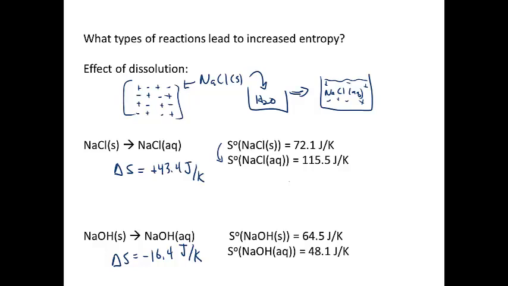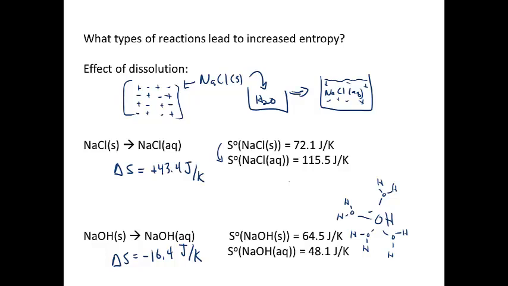When sodium hydroxide dissolves in water, the hydroxide in particular hydrogen bonds with lots of other water molecules, and those water molecules can now no longer move as freely as they used to. So the sodium and the hydroxide ions actually do have an increase in their movements. But when the hydroxide goes into water, it constrains many, many water molecules around it, and the water becomes less free to move.